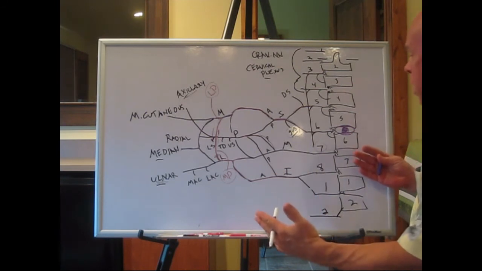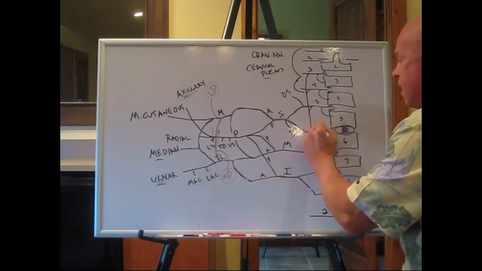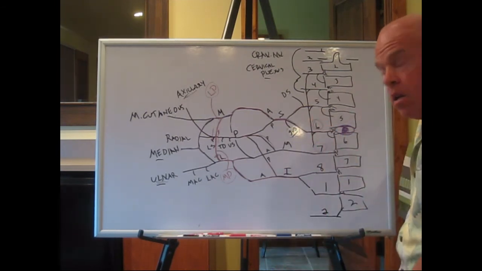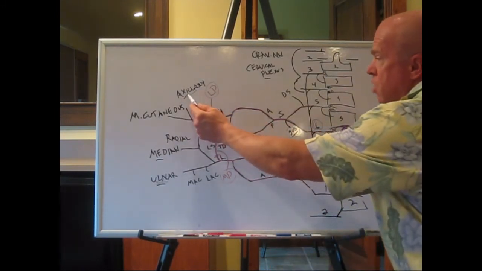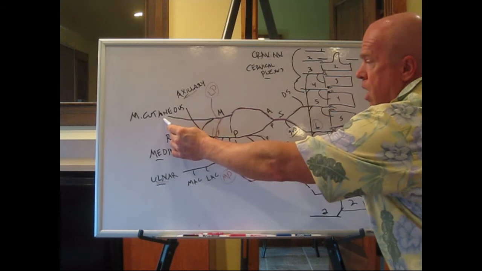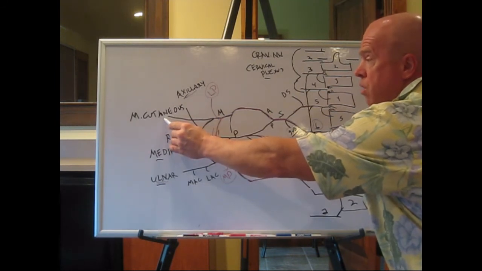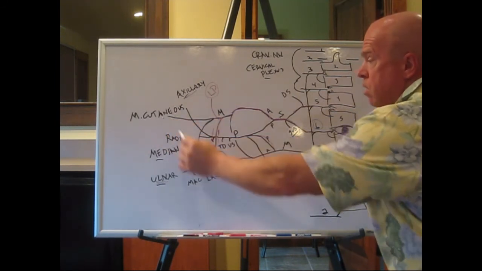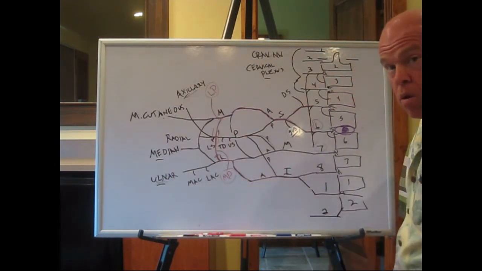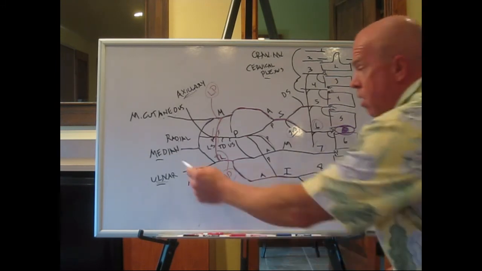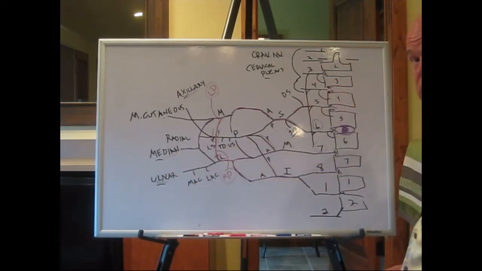A widespread distribution of findings associated with C6 radiculopathy. So what would that be? Findings in the shoulder, findings in the upper arm, the biceps, the brachialis, findings into the hand, the intrinsic muscles of the hand, some of the muscles of the forearm, pronator teres, all innervated by the median nerve.